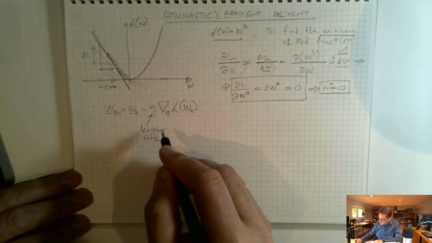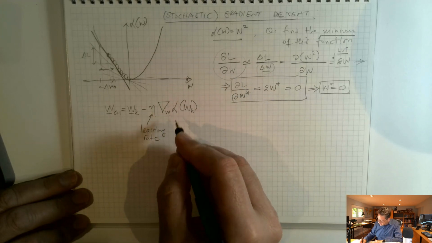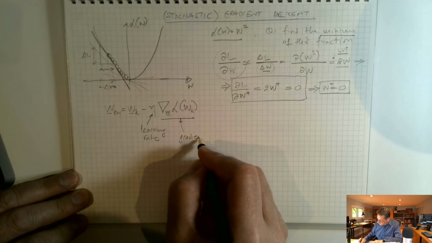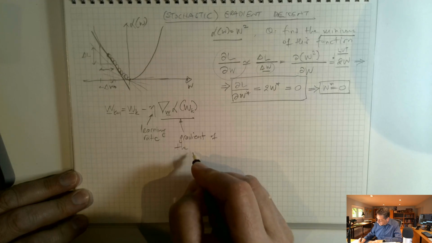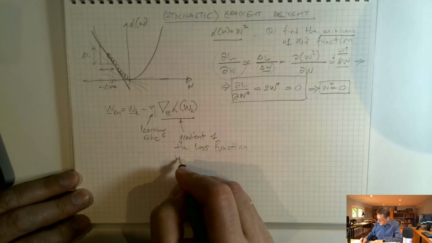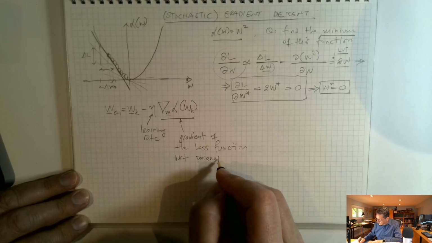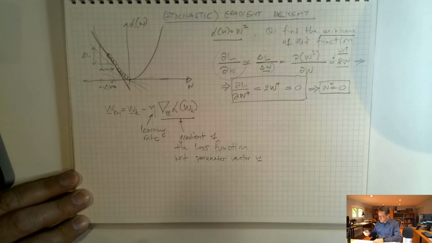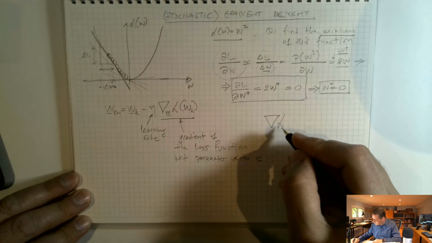So instead of a simple partial derivative, we have a vector of partial derivatives. This is actually called the gradient of the loss function with respect to the parameter vector w. And this gradient is, as I said, the generalization of the partial derivative.